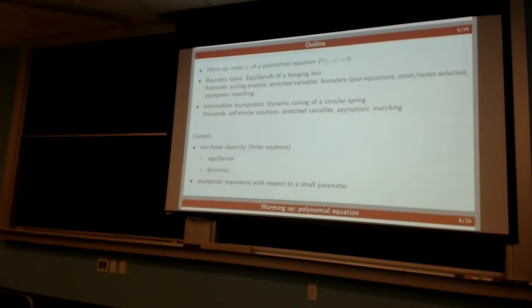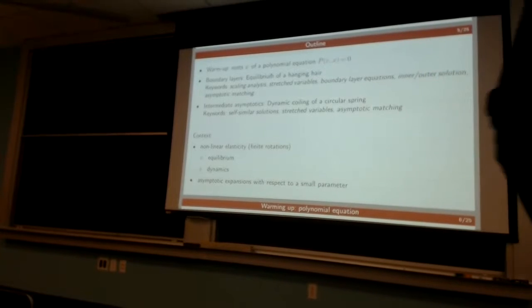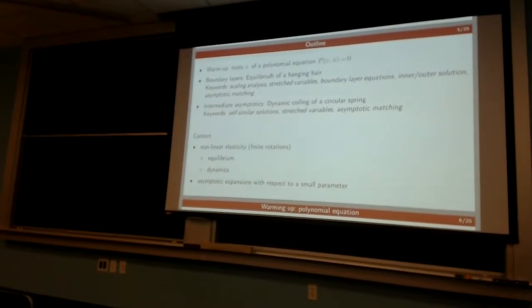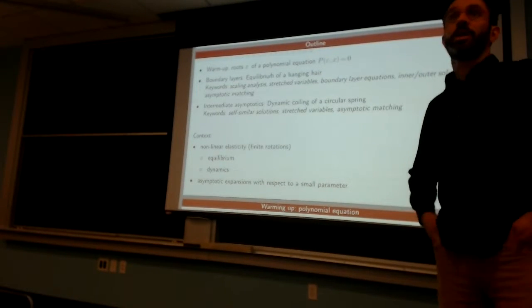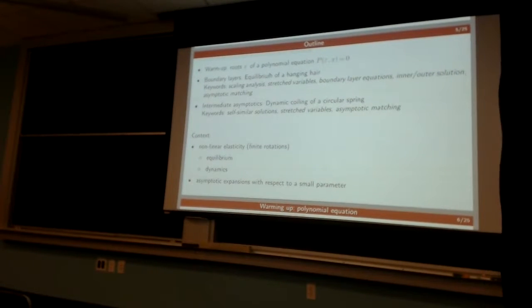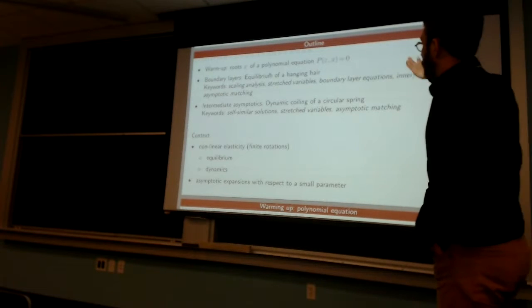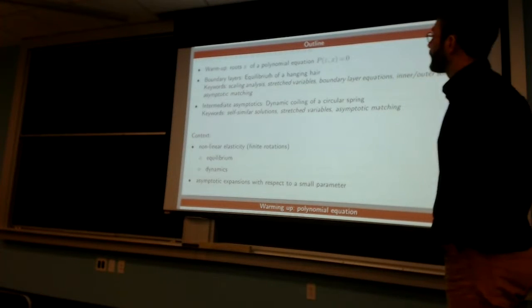Okay, so let's do a warm-up. Oh, sorry, I'm giving a heads up on the outline of the class. So we'll warm up with a simple polynomial equation, and I'll show you in that example the difference between singular and regular perturbations. And it's actually very nice because you have all the ingredients that we need for today.